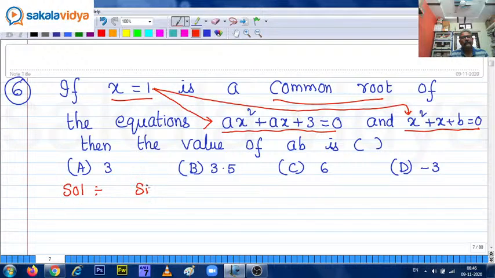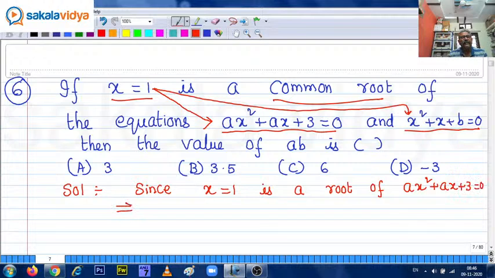Since x is equal to 1 is a root of ax square plus ax plus 3 equals to 0.